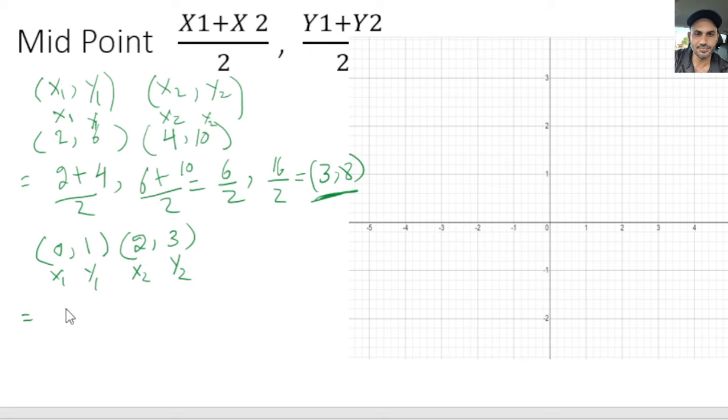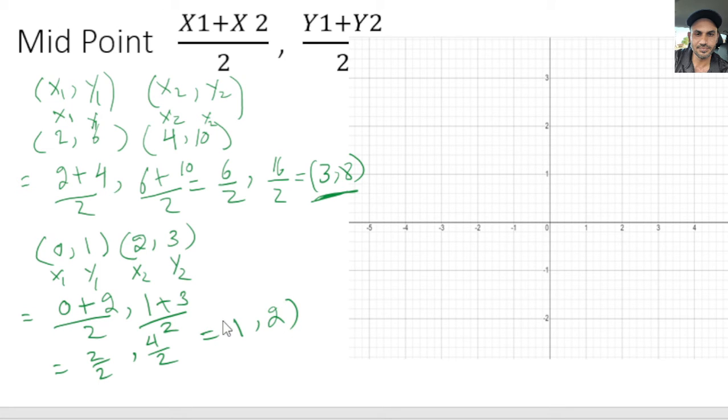So x1 is 0 plus x2 is 2 divided by 2, comma, y1 is 1 plus y2 is 3 divided by 2. So we have 2 over 2 comma 4 over 2. This is equal to 1 comma 2. So this is your midpoint for these 2 points right here.